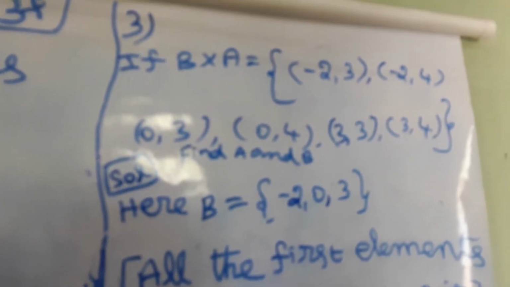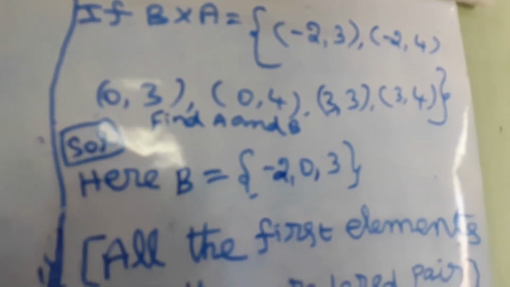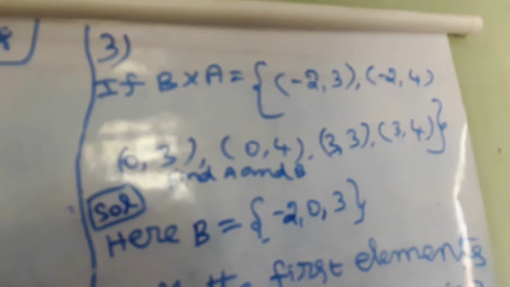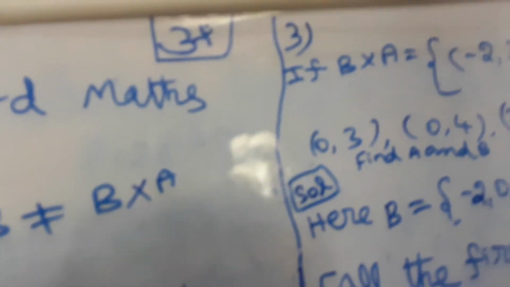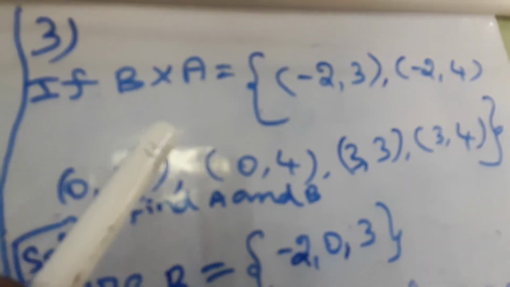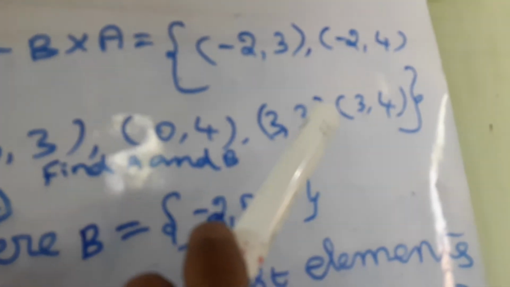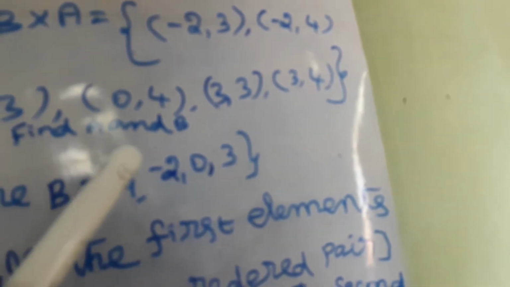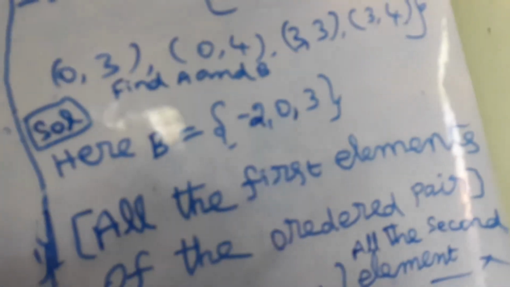Third question: B cross A is already given, and we have to find A and B. B cross A equal to {(-2, 3), (-2, 4), (0, 3), (0, 4), (3, 3), (3, 4)}.